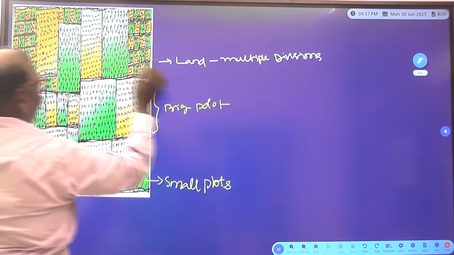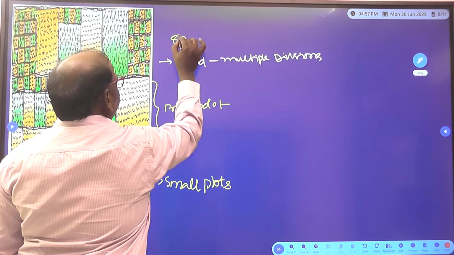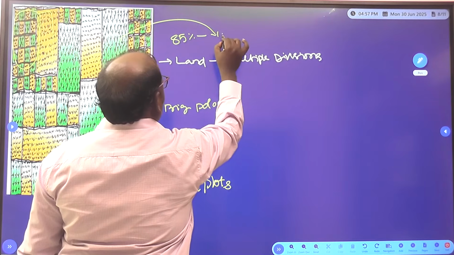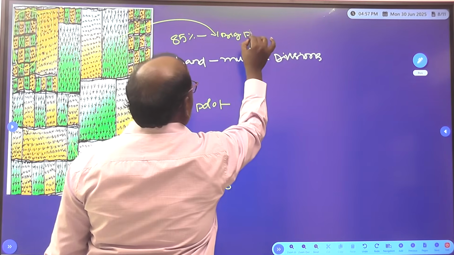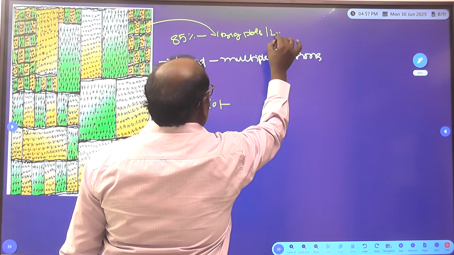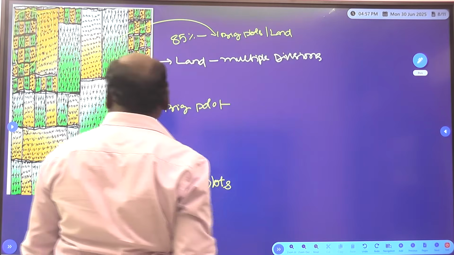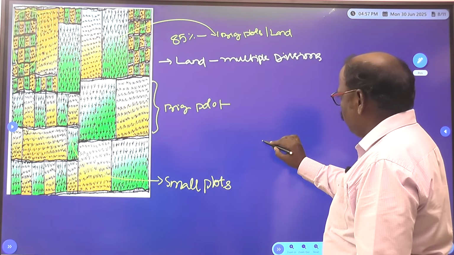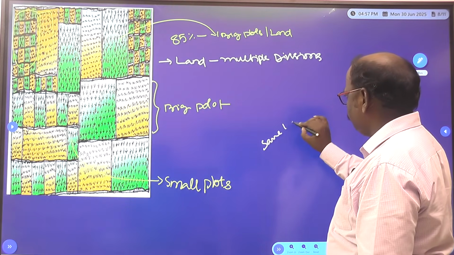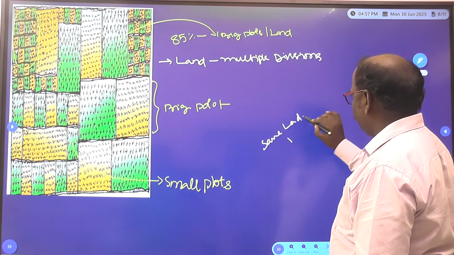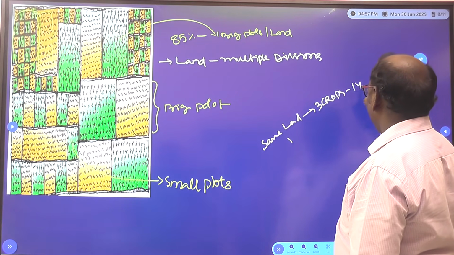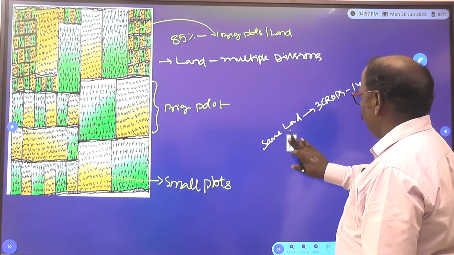Whoever is there, 85% of the people, they are having these big plots or land. If you observe here, the same land is having 3 crops per 1 year, right?